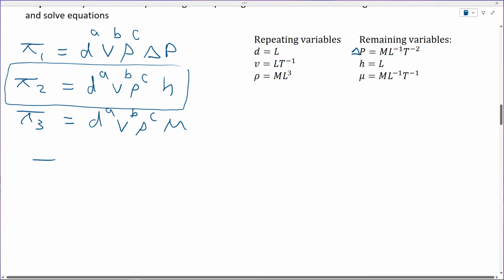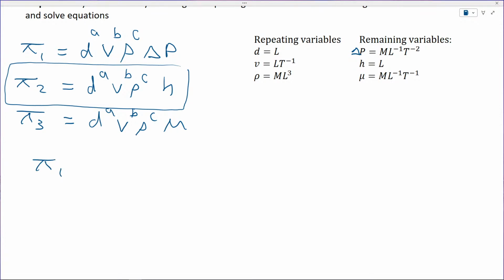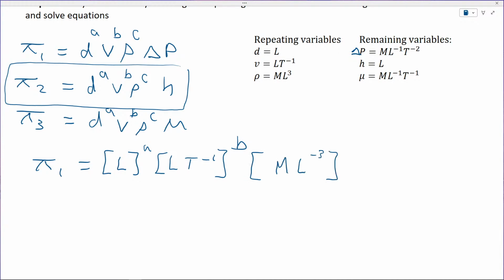So pi 1, that would be d. That is equal to L to the power a, V, that is LT minus 1 to the power of B, and then rho, that will be M L minus 3, mass over volume, to the power of C, and then delta pressure, that is force over area.